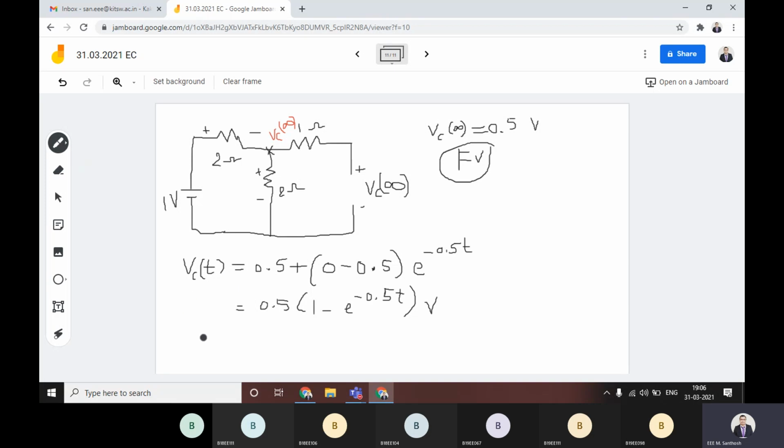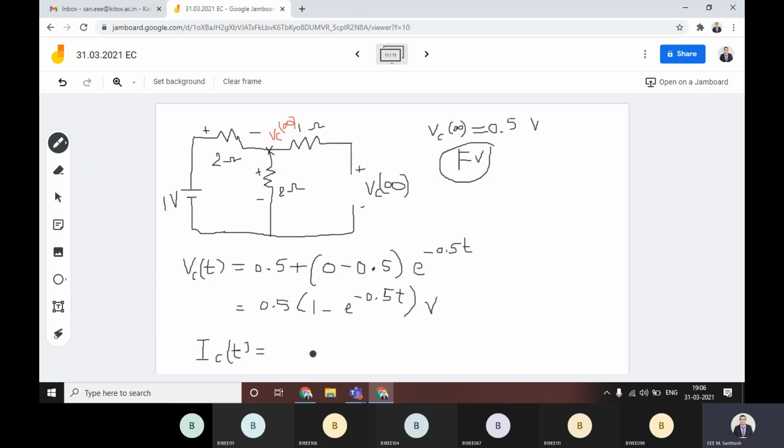Okay, what is the Ic of t? From this you can calculate Ic of t. How to calculate Ic of t?